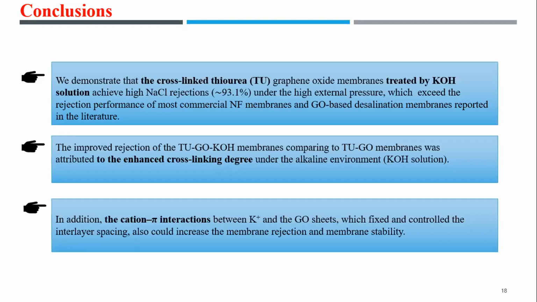The improved rejection was attributed to the enhanced cross-linking degree under the alkali environment. In addition, the cation-pi interactions between potassium ions and GO sheets, which fixed and controlled the interlayer spacing, also could increase the membrane rejection and stability.